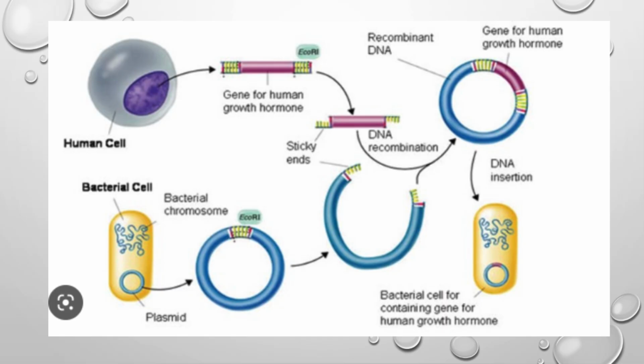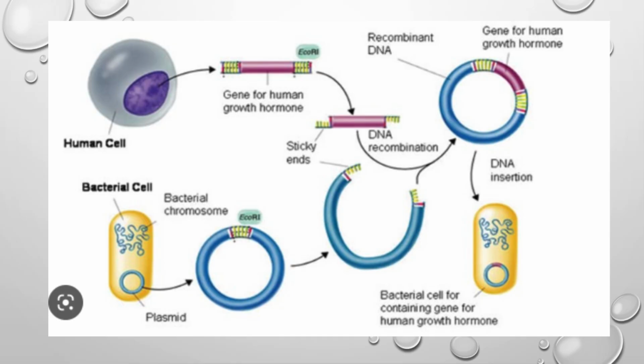Scientists find the gene that makes the human growth hormone. They cut out that gene using special scissors called restriction enzymes to cut the DNA. Now, take a bacterial cell.